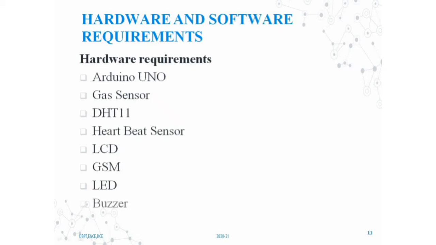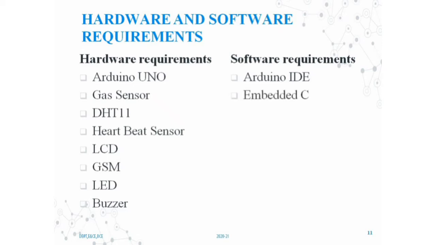The software requirements are Arduino IDE, which is required in order to dump the program to the Arduino microcontroller. In the Arduino microcontroller, embedded C language is used for programming.